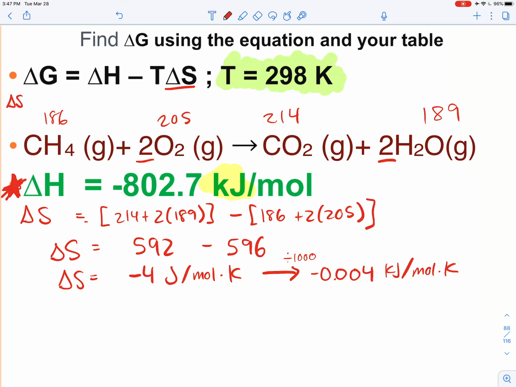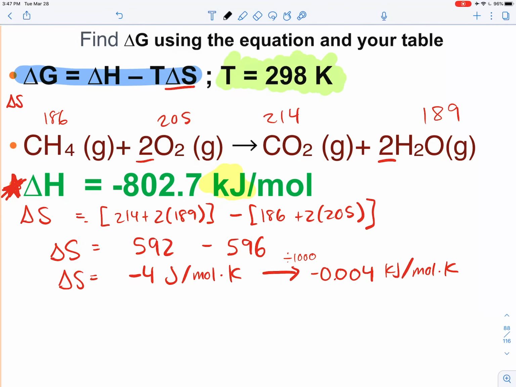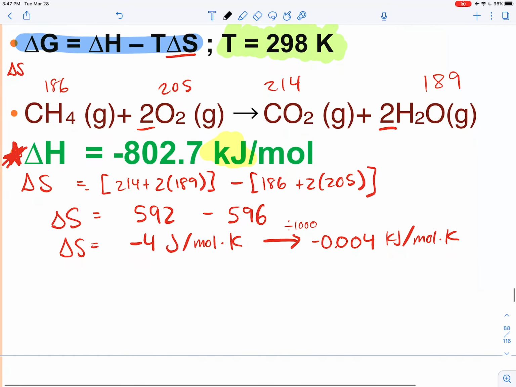Using that, I can now plug into this equation. I've got all the numbers I need to plug into it, including this S value. So let's go ahead and rewrite this equation and plug in the numbers. I'm going to scroll down a little.